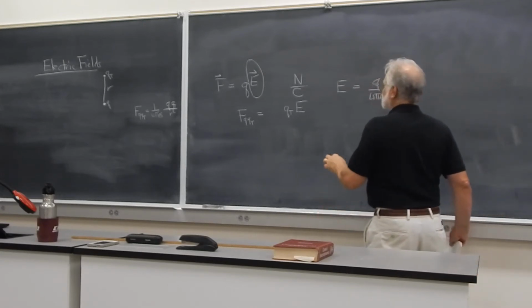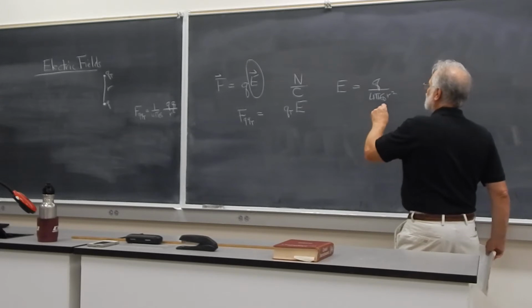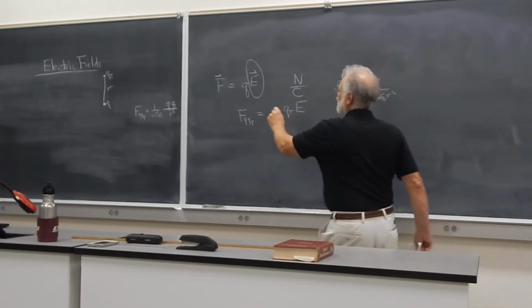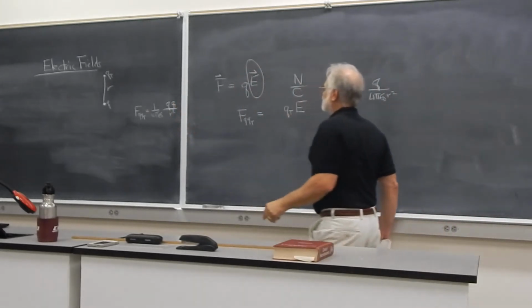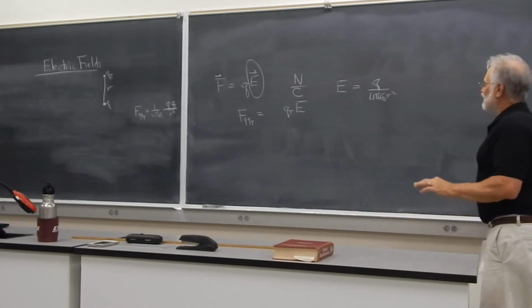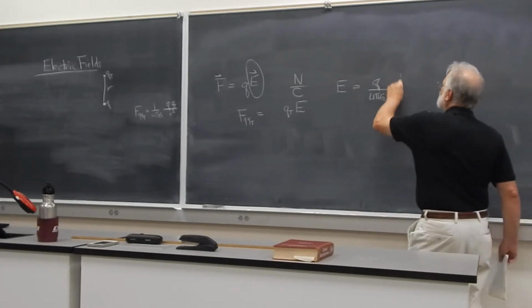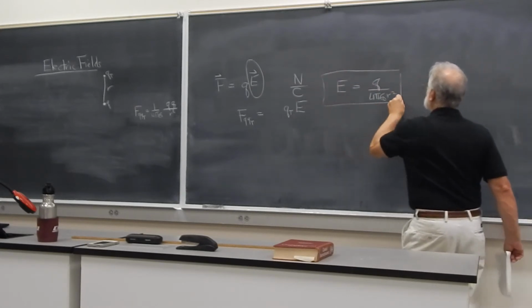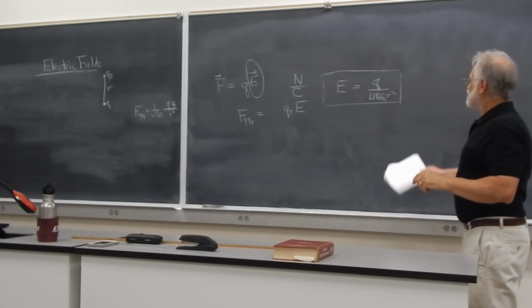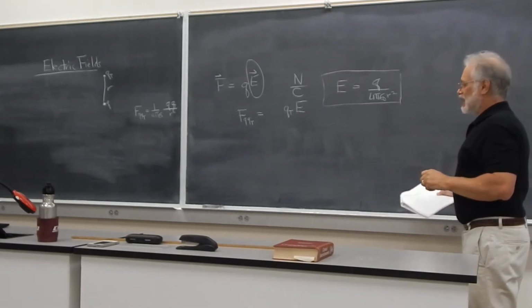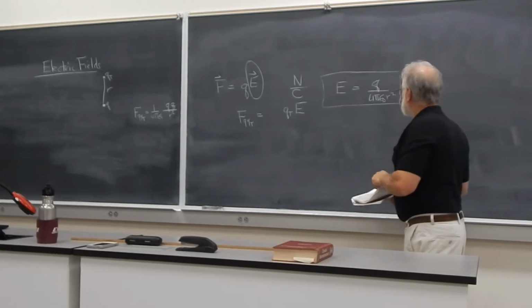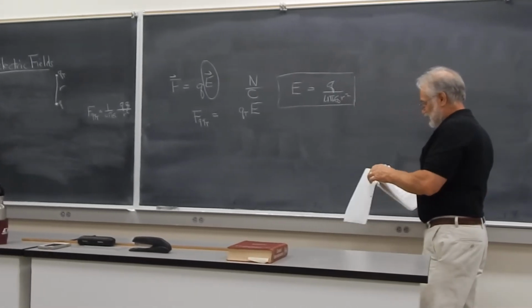Notice the difference between this expression and the force expression. It's a factor of Qt that's removed. So the electric field that's caused by a point charge Q is equal to Q over 4 pi epsilon naught r squared. It also has a 1 over r squared relationship.